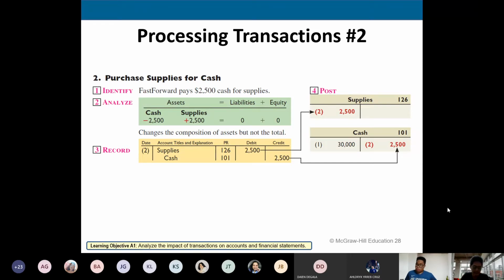Unless the transaction specifies a particular payable account, that's what we use. But generally, if the transaction did not specify which payable account, as a general rule we use accounts payable as our account to credit in our journal entry. Do you get it? Naintindihan? Yung sinabi ko?